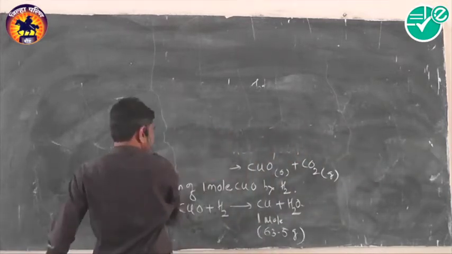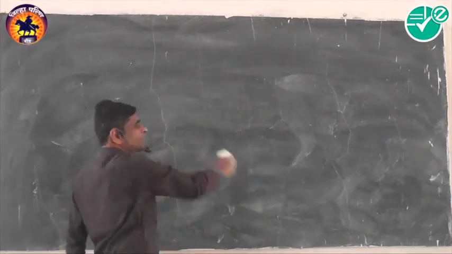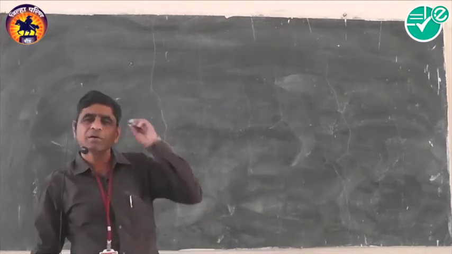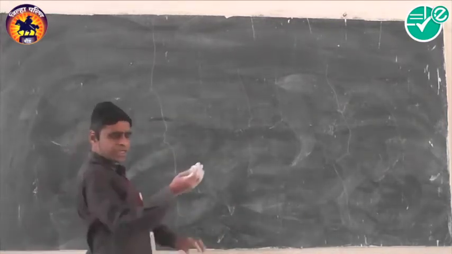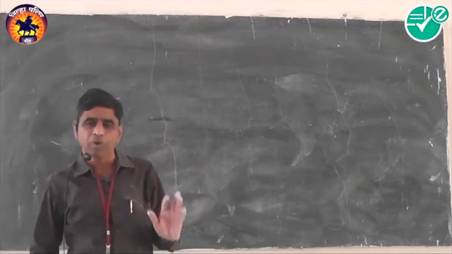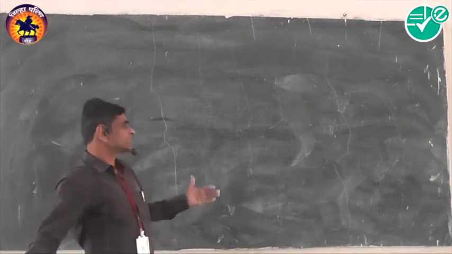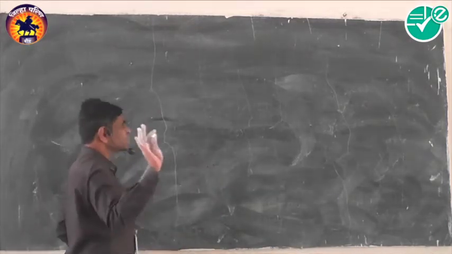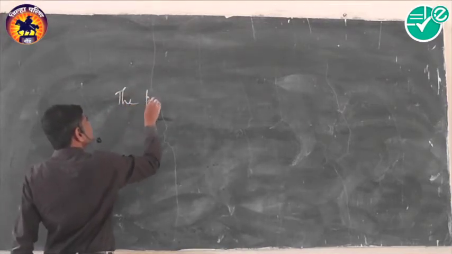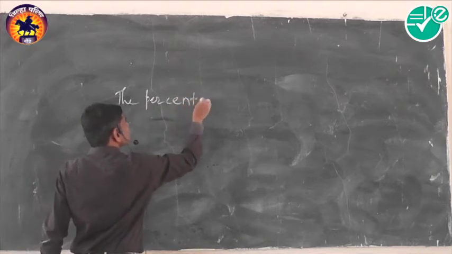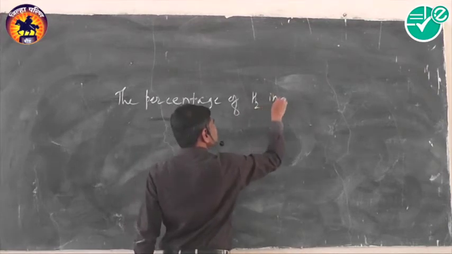Now you can decide the percentage purity of a given sample of compound by calculating the percentage of an element in the given compound. So how to decide whether a given compound is 100% pure? The percentage purity can be calculated from the percentage of element in the given compound. For example, let us consider the percentage of hydrogen in H2O.